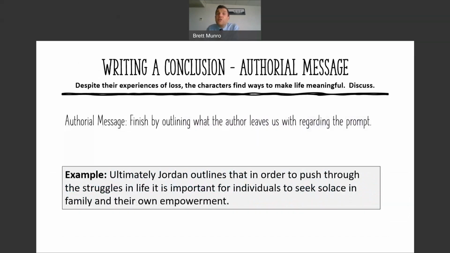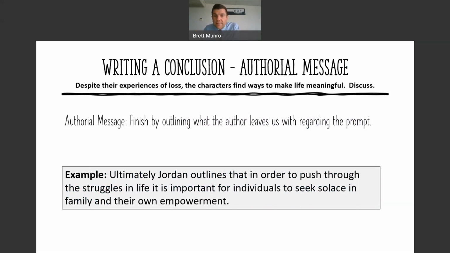In this case, you're just outlining what the author leaves us with regarding the prompt. A good sentence starter for this sentence is something like, ultimately, what is Jordan trying to say? Not a repeat of the contention, but ultimately, what are we being left with regards to the prompt? And this is what our example is.